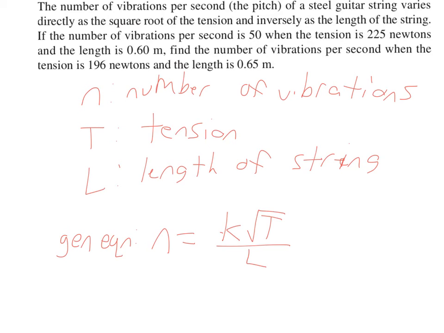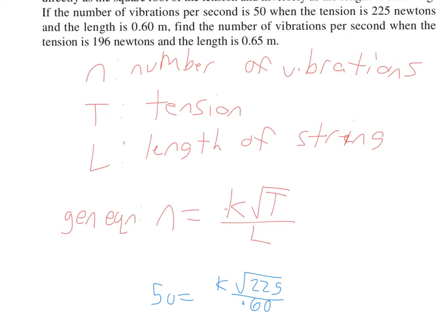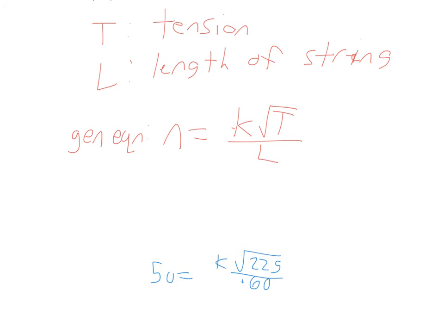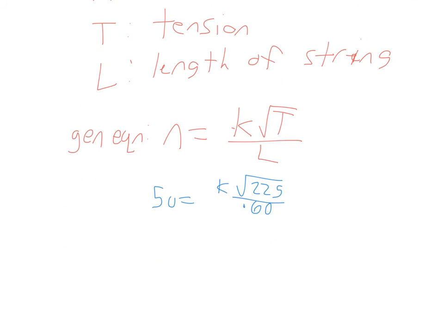So, to find our constant K, the number of vibrations per second is 50. It's equal to K times the square root of the tension, which is 225, divided by the length, 0.60. So multiply both sides by 0.6, or 0.60, whatever.